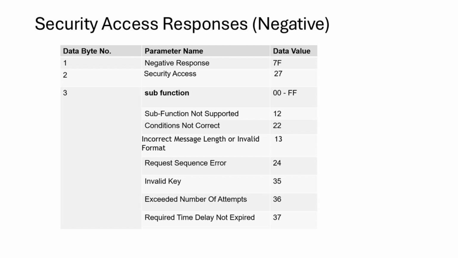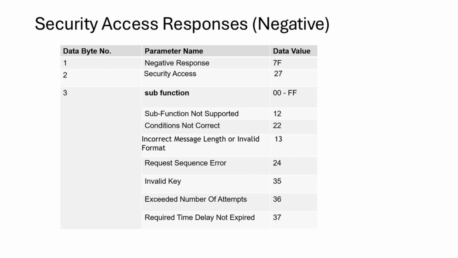Subfunction not supported: 01 and 02 are request seed and send key. If you send anything other than that, you will see subfunction not supported. Then incorrect message length or invalid format: if you are not sending the proper sequence, you can see this invalid format.